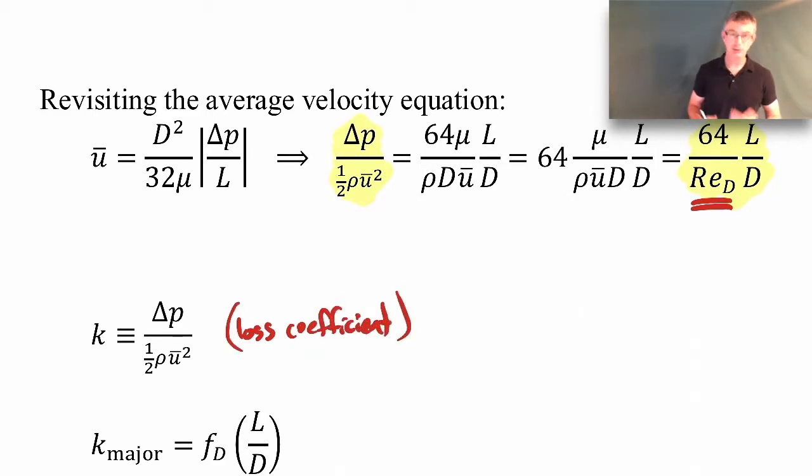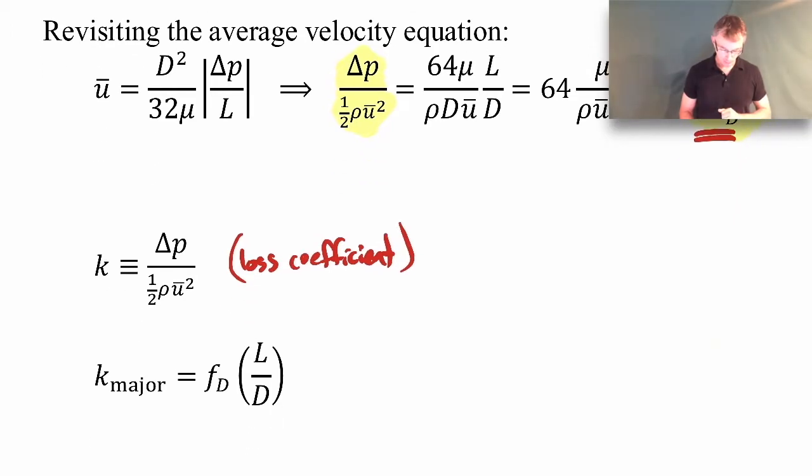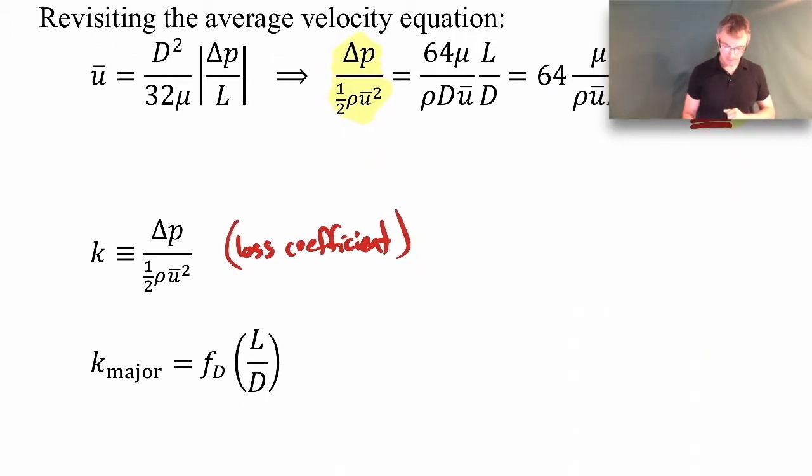It's the pressure loss coefficient. It's how much extra pressure we have to apply to overcome those viscous forces. Okay, so that's what that is. And so for this laminar viscous pipe flow, our loss coefficient, K, is just the friction factor times L over D.